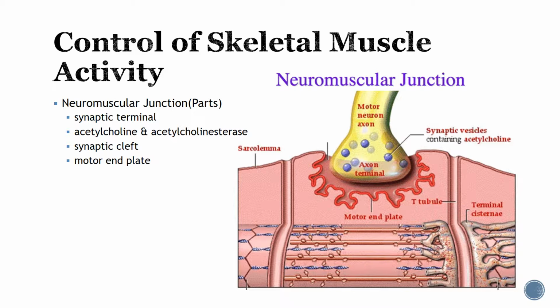Acetylcholine is a neurotransmitter, and acetylcholinesterase is an enzyme that breaks down acetylcholine. You have the synaptic cleft, which is the area between the neuron and muscle cell. And then you have the motor end plate, which is the part of the muscle cell that the neuron sits at and takes all the different neurotransmitters in.